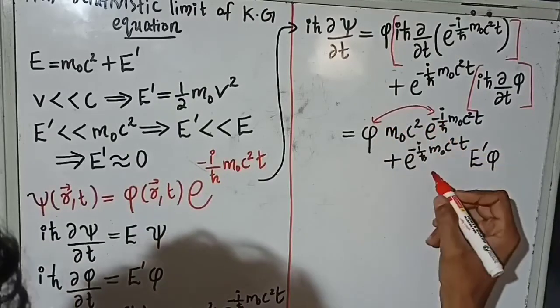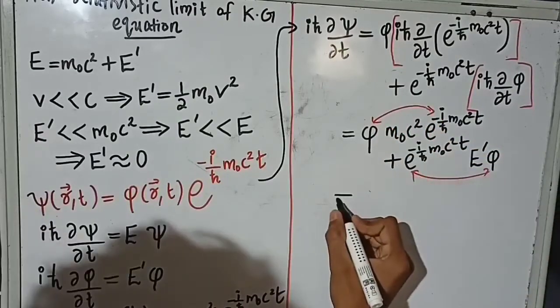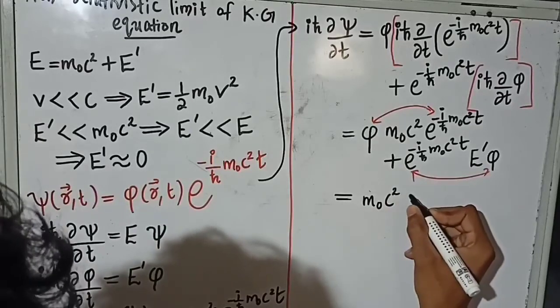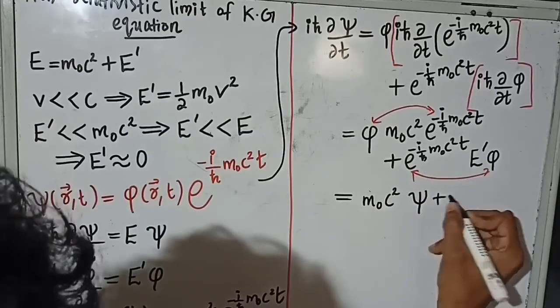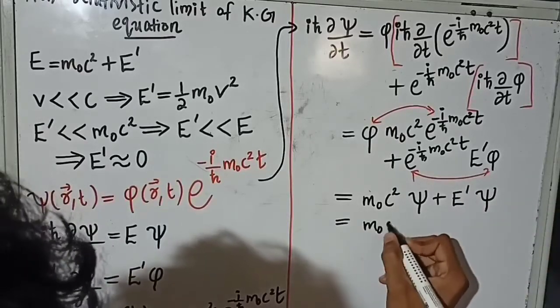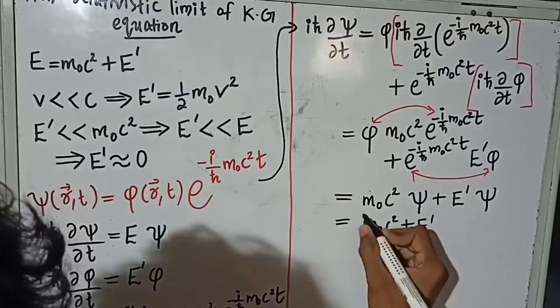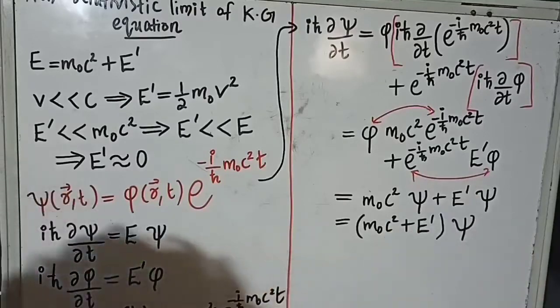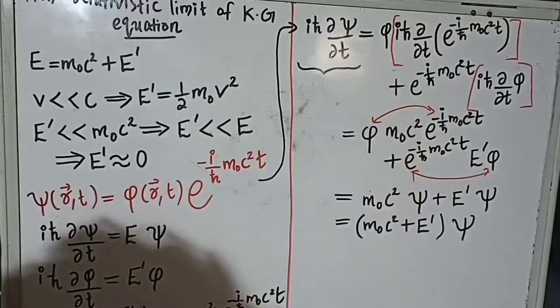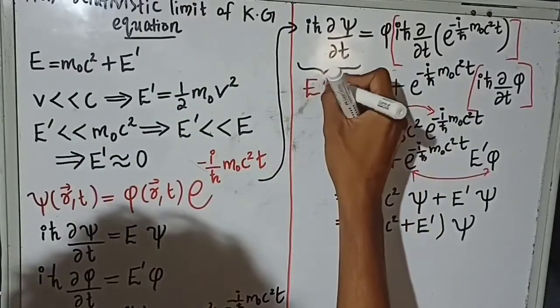Let's club together the phi and the exponential part as shown, and this gives actually m0 c square psi plus E dash psi, which is equal to m0 c square plus E dash times psi. If you take a close look, this is actually E times psi.